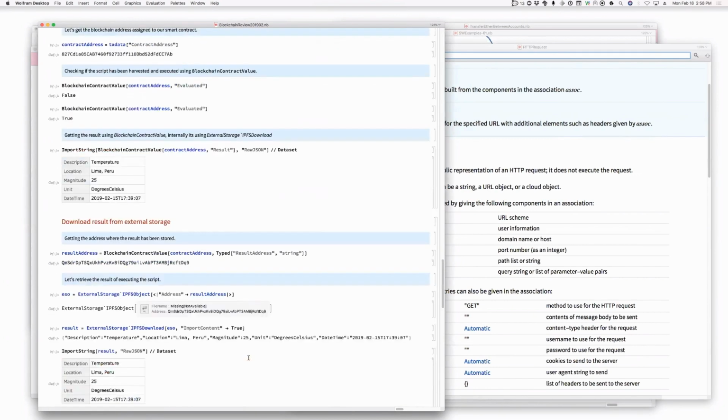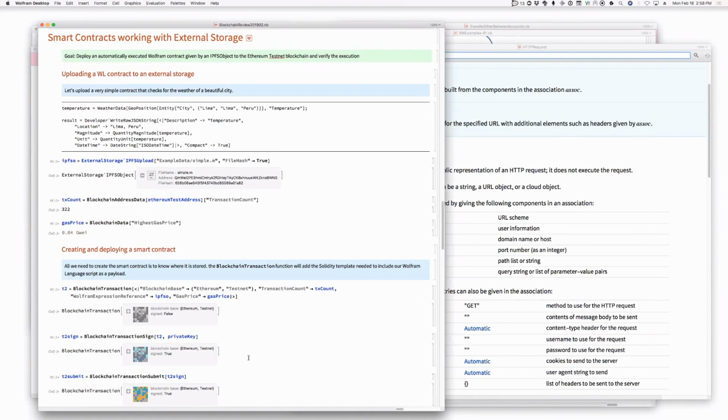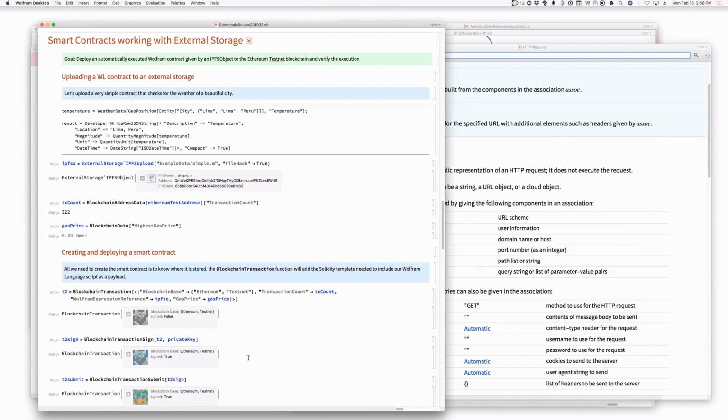By the way, I don't understand why, other than because your incoming or outgoing data is large, you would use external storage for a computational fact. What's the point of having this in external storage?